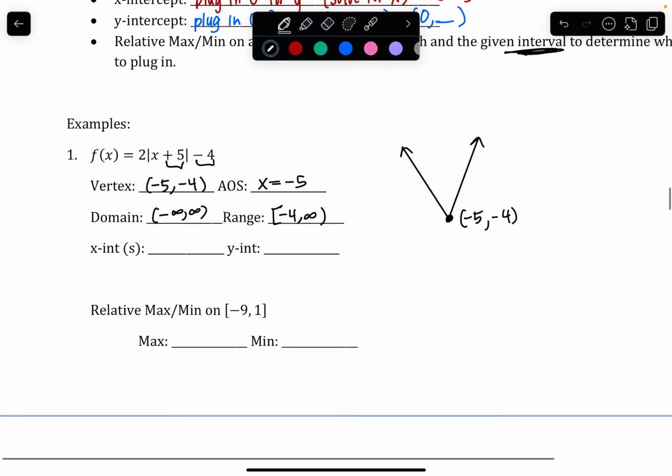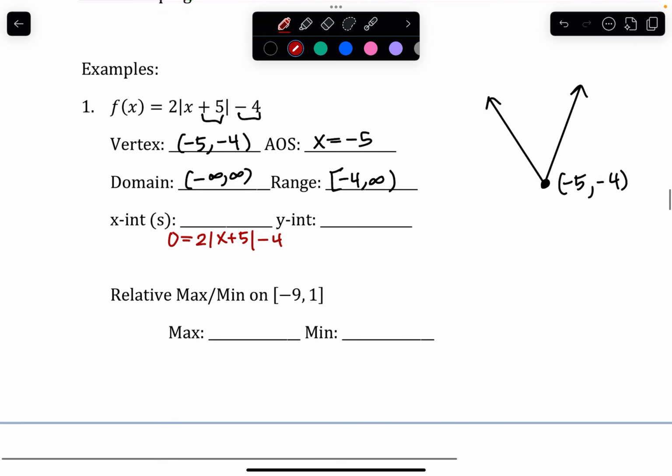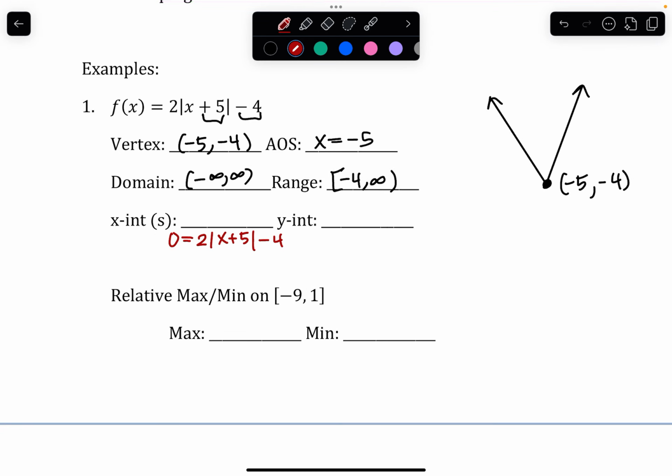To find the x-intercept, we plug in 0 for y, which is the output. And so that gives me the equation 0 equals 2 absolute value of x plus 5 minus 4. Okay, and so to solve this, you have to first isolate the bars. And so anything outside these bars has to go.